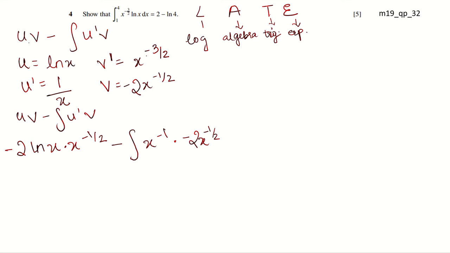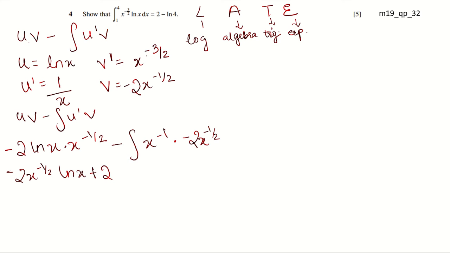I'm going to tidy this up and write it properly. So minus 2x to the power of minus 1 by 2 ln x minus, okay, this minus 2, I'm going to take it out of the integral and write over here plus 2, because I took it out of the integral. There is a negative sign.